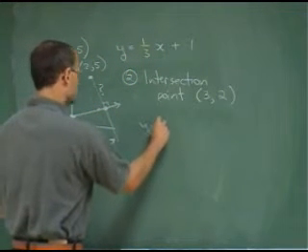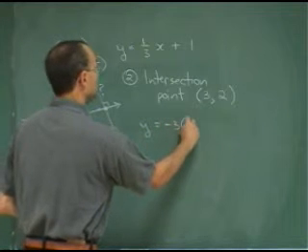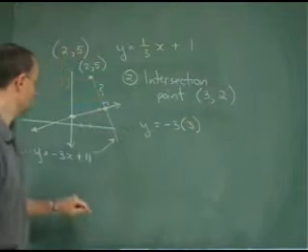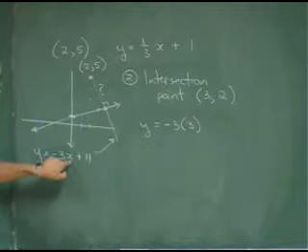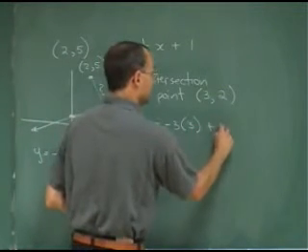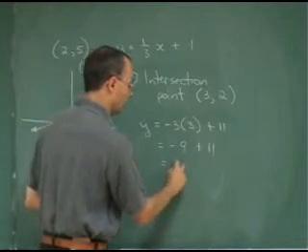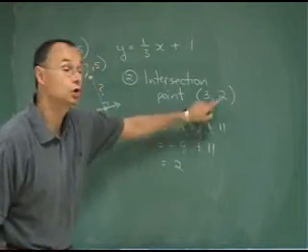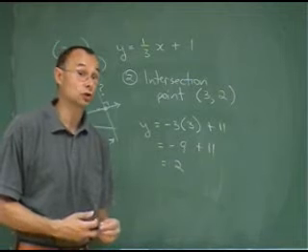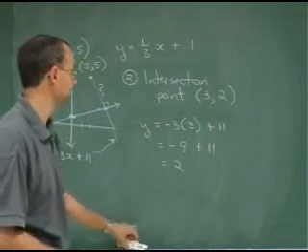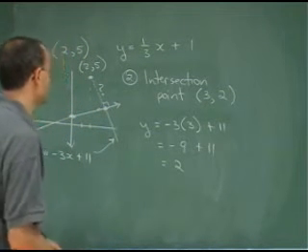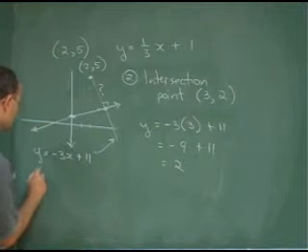We'd be plugging in an x value of 3, so negative 3 times 3 plus 11. And it won't take you long to see that negative 9 plus 11 also gives you a y value of 2. So it's whichever equation looks to be the least amount of work. Well, there's step 2. And so now I have my intersection point.